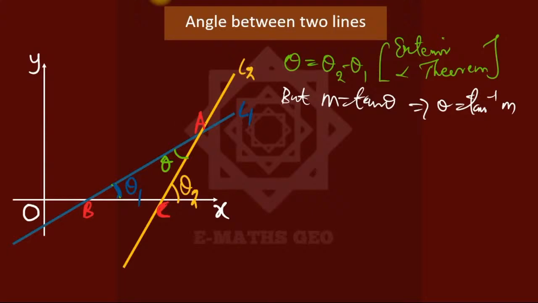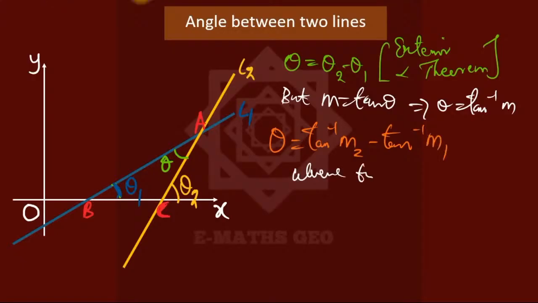Therefore, the general formula for the angle between two lines is the arctan of the slopes. From this diagram, we know that arctan of m2 will always be greater than arctan of m1. So the one that is greater, subtract the smaller. So that's the formula for the angle between two lines.